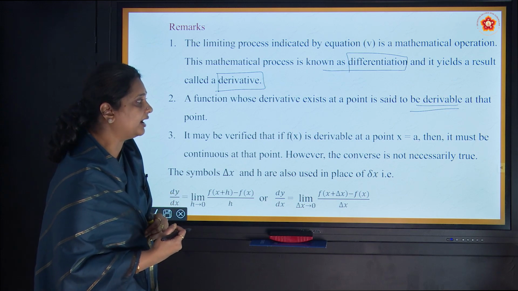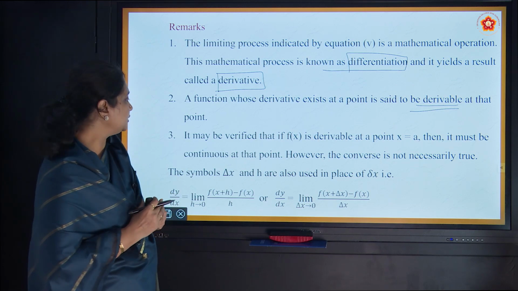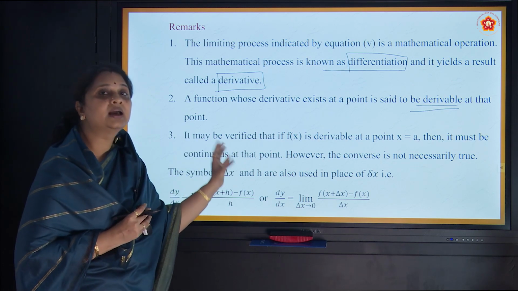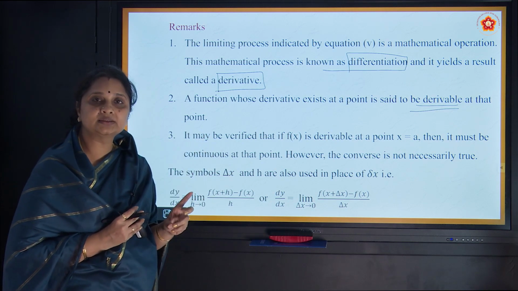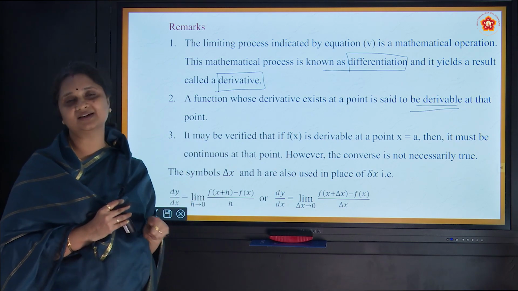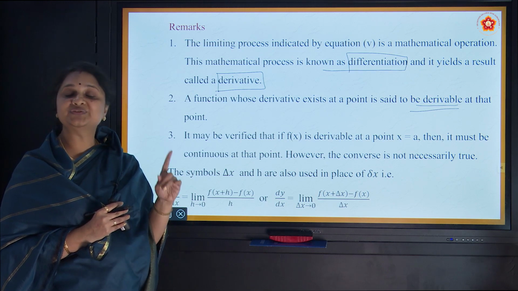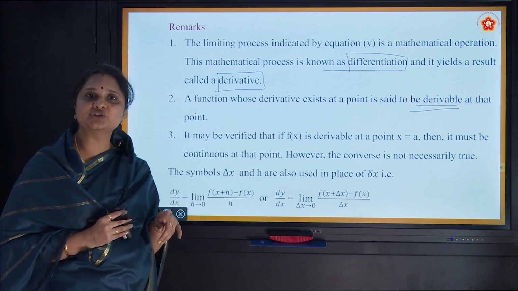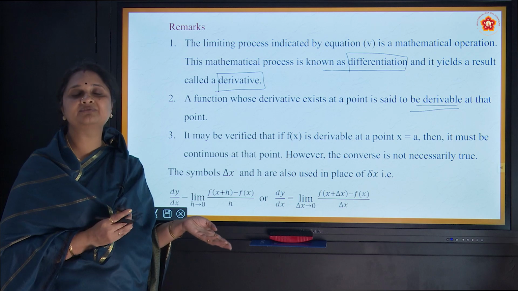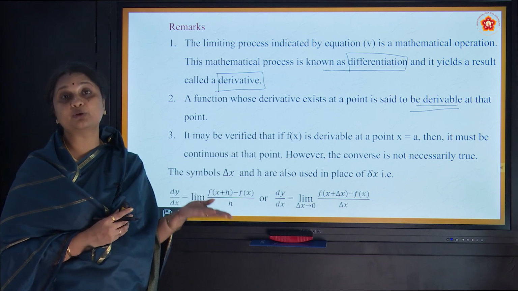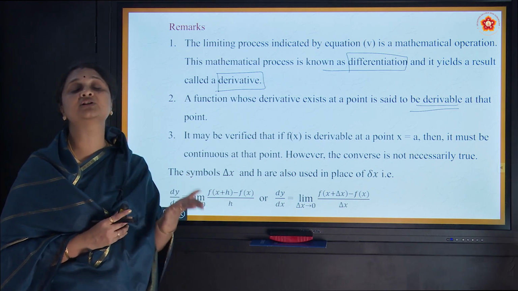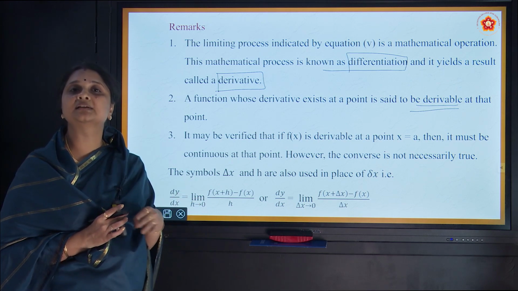Suppose a function is derivable at a point, then the function has to be continuous. We've seen continuity and limits of a function in the previous chapter itself. You can revisit it for better understanding. Only when a function is continuous can it be derivable.